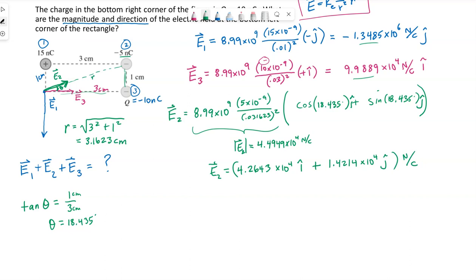Okay, so again, we're trying to find the overall electric field, which means I need to add these vectors together. I can add x components to x components to get my overall x component. So the 9.9889 exponent 4 plus what we just got, the 4.2643 exponent 4.